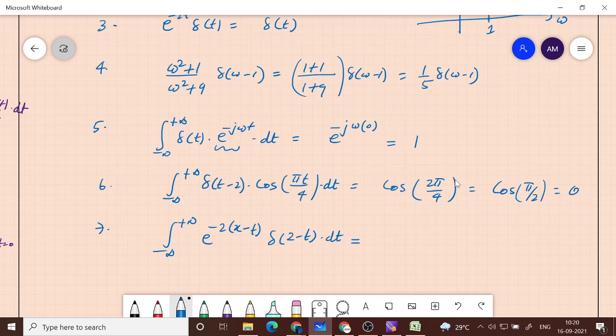So what is it equal to? Where is the location of the impulse, at t equal to?